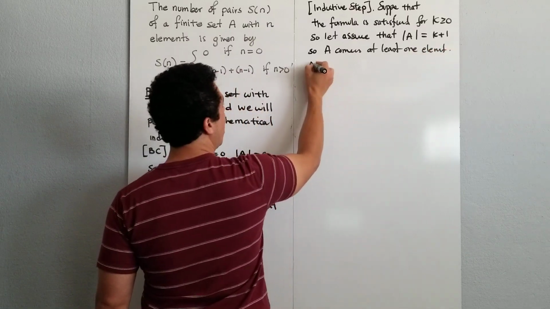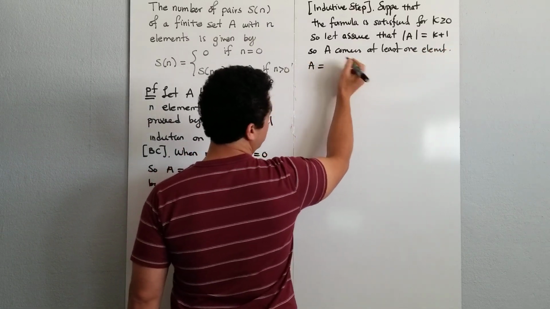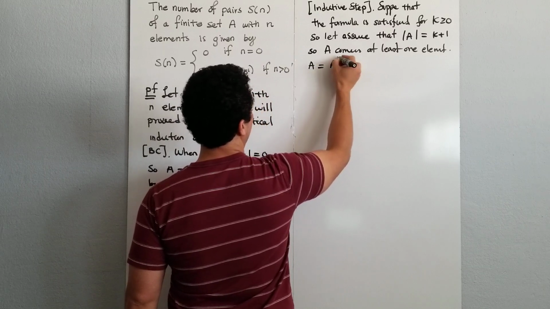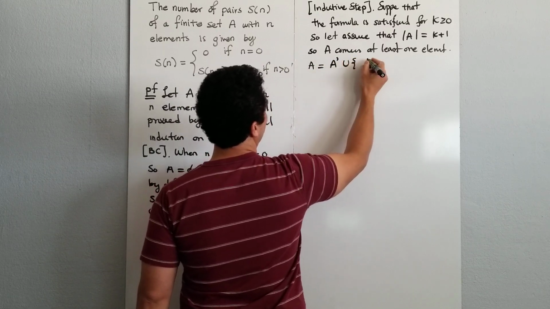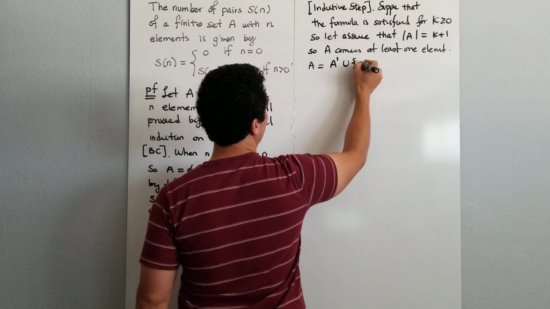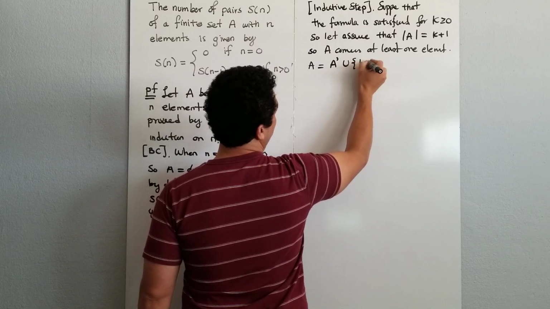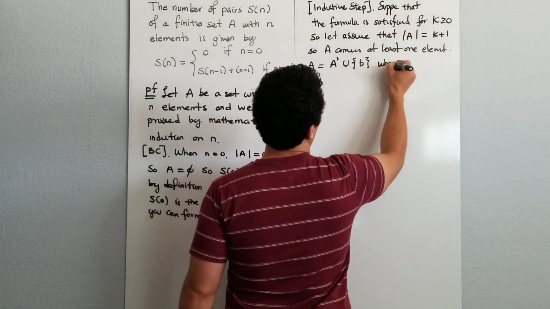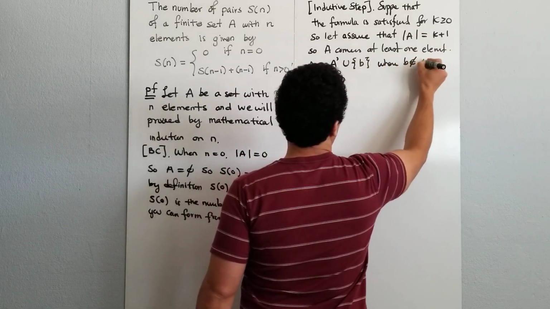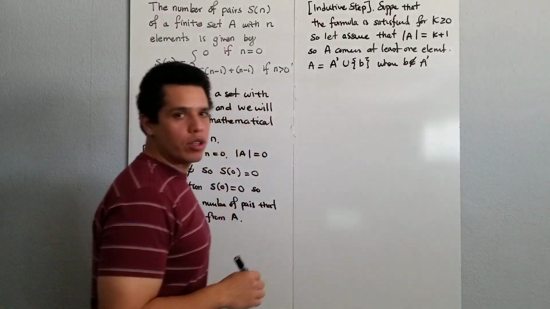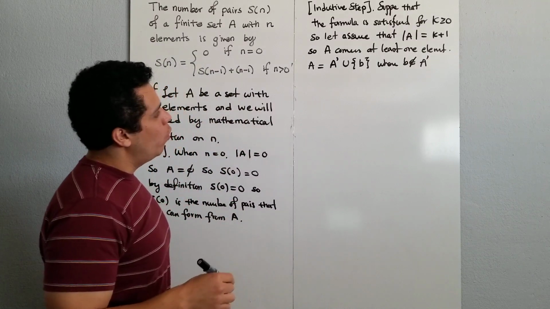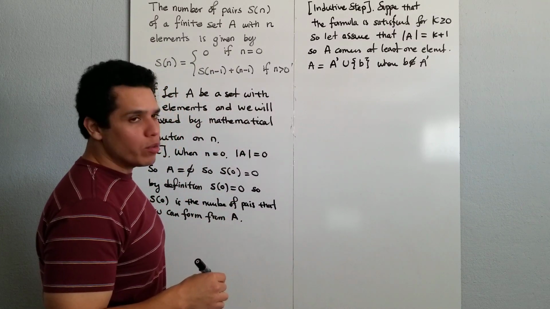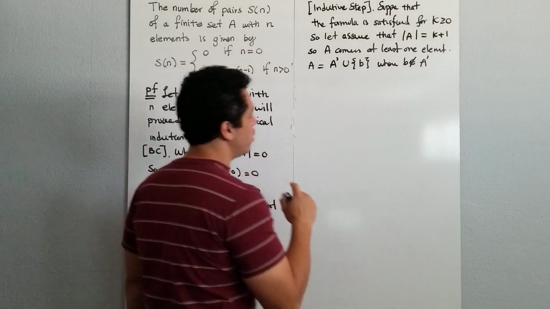So I'm going to write A as A prime union that element that I'm going to call B, just for a moment, where B is not in A prime. That's the condition that we need. Once we write it in this form, let's see what we can do.